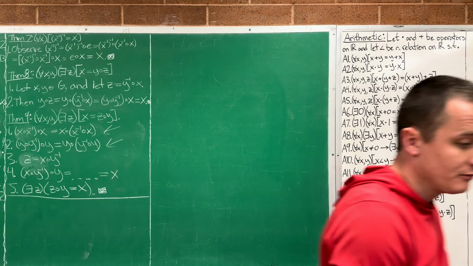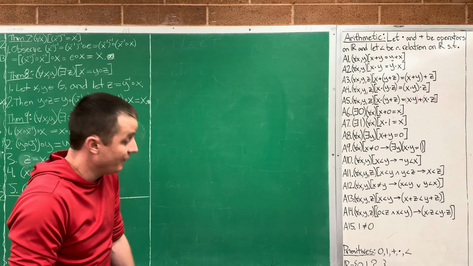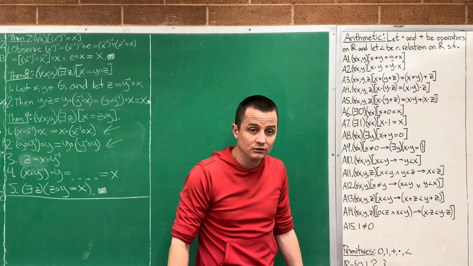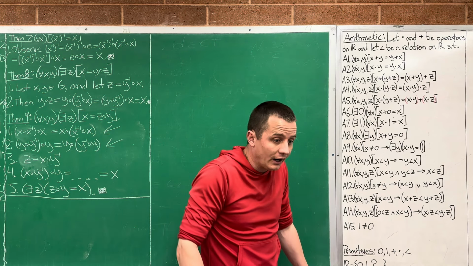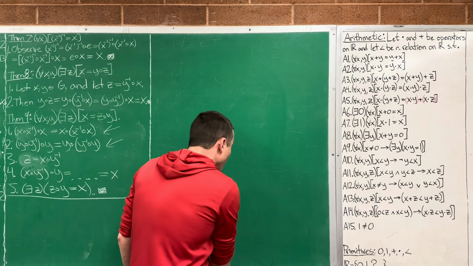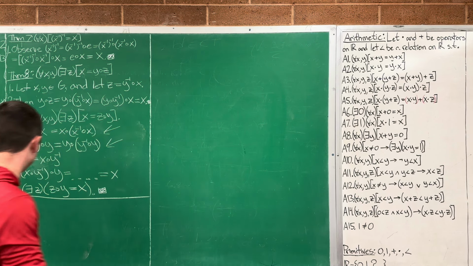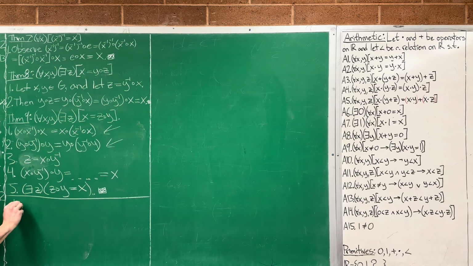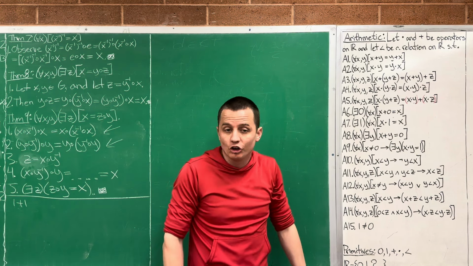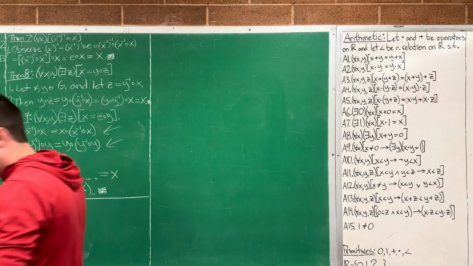Just 0 and 1. That's all we know is in R so far. But we also know, for example, that 1 plus 1 is in R, because plus is an operation on R, and 1 is another symbol in R. So wherever 1 plus 1 is, it's also in R.